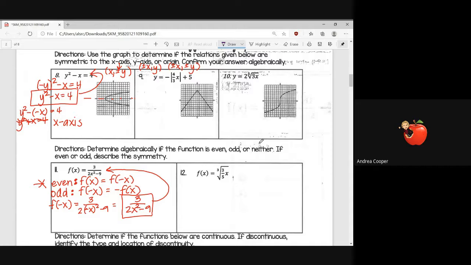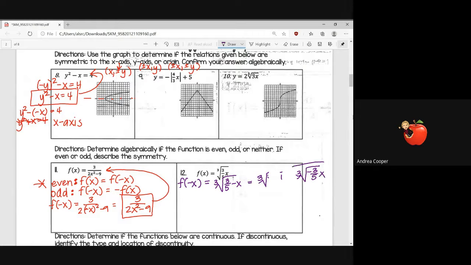Yeah. And what does that mean by f of negative x equals negative f of x? Okay, so I want to prove that it's odd. You need to find f of negative x first. So this would be the cube root of 3/5 times negative x. So this is the cube root of negative 3/5 x.